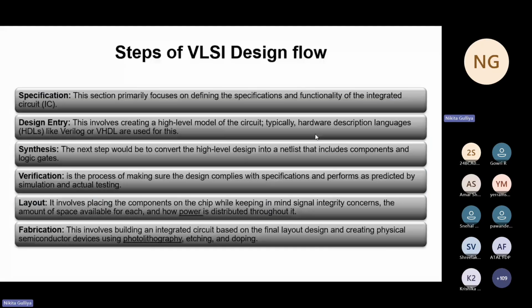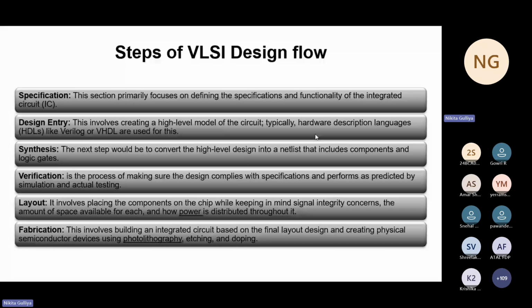If we look at the main steps of VLSI design flow in a simplified form, we begin with the specification, as mentioned before. In this step, we clearly define the functionality of the IC, including all the trade-offs of performance, power, and area, and it acts as the foundation of the entire design.